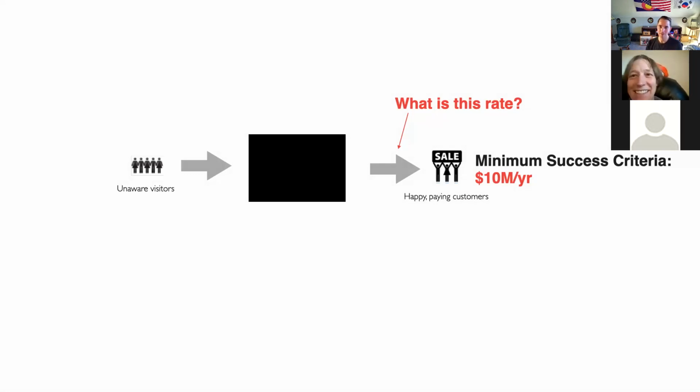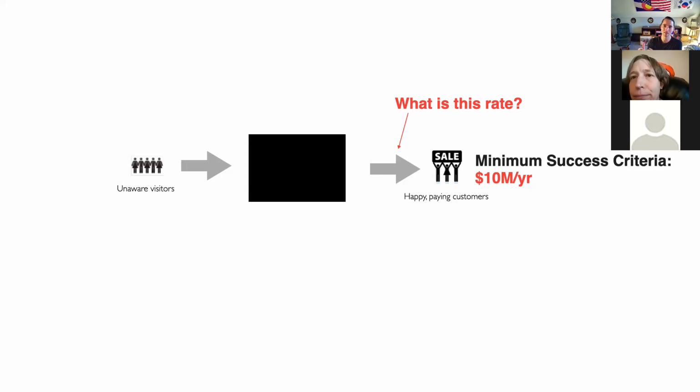So we have this transition from a whole bunch of unaware visitors, and then something happens to them and they become happy paying customers. And the output of all of this, we're setting our output minimum goal as $10 million annual recurring revenue in this example.